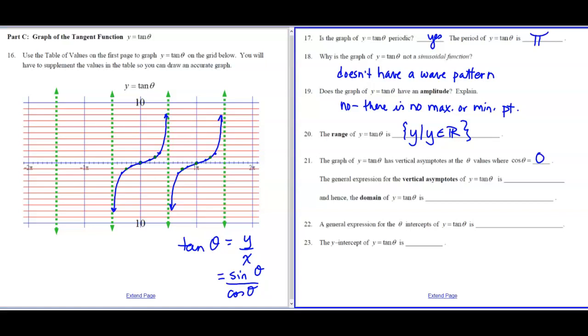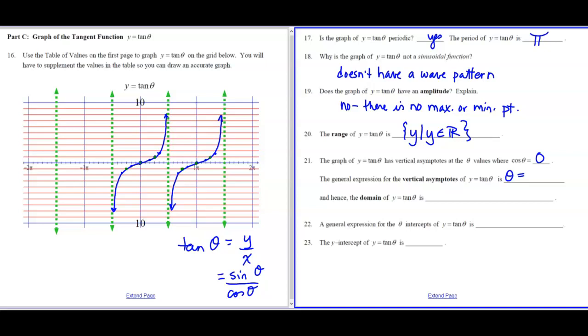A little while ago, we found where cos of theta had its theta intercepts, where it crossed the theta axis, the horizontal axis. That means that's when the value is 0. So for the vertical asymptotes, we have to actually have the equation. In this case, we're using theta.